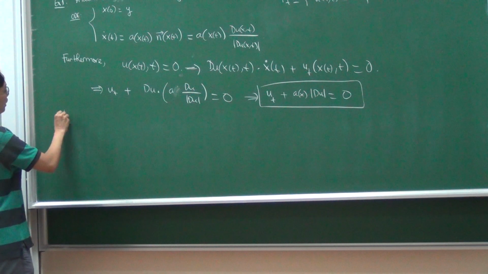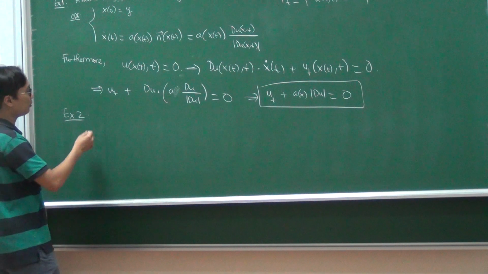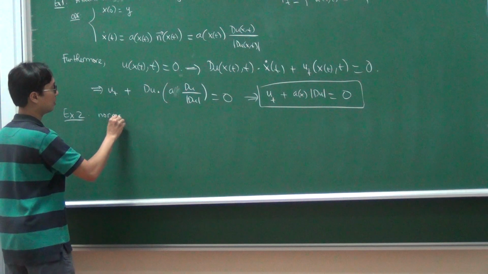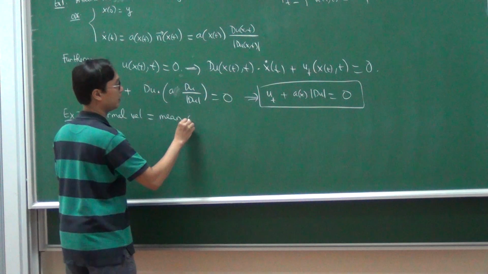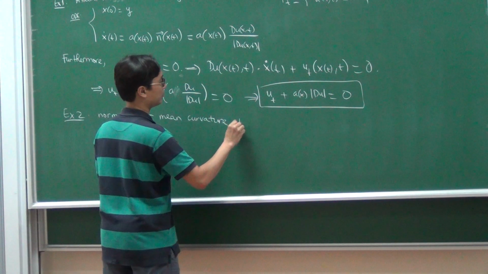Now, there are a lot of models, but for example, if you were to assume that the normal velocity is equal to the mean curvature at that point.